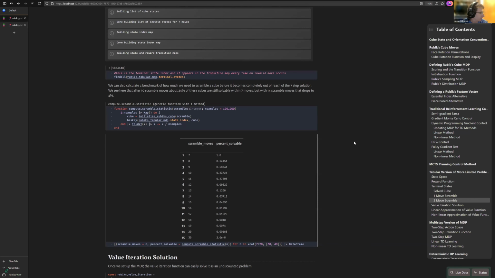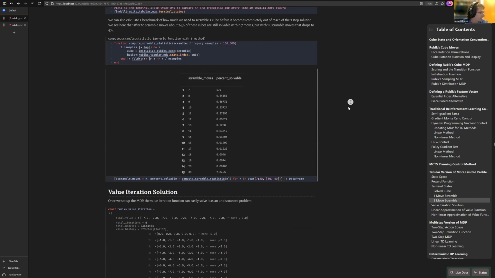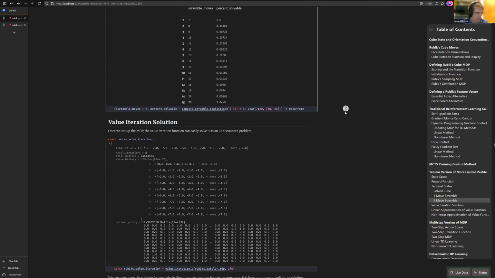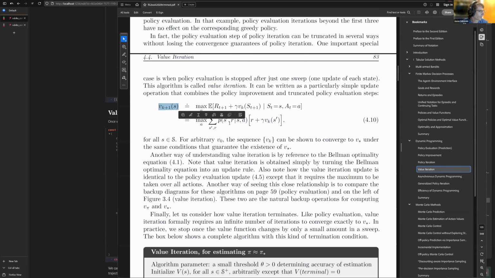So once we set this problem up, like I have up there, we can use value iteration, which is this technique right in the book here, where we just have a state value function and we update it with this update rule, where we're using the Bellman optimality equation to update it.